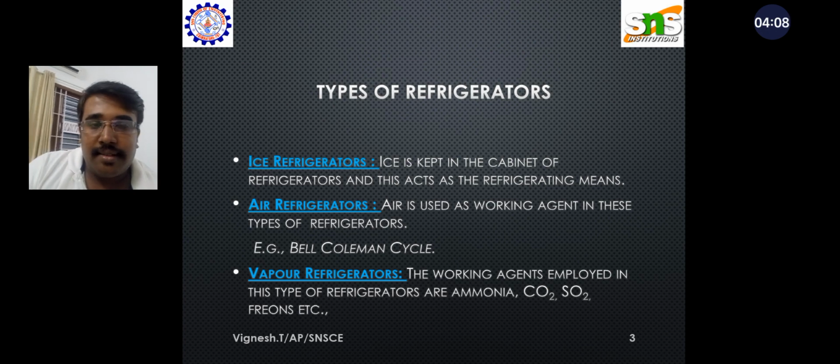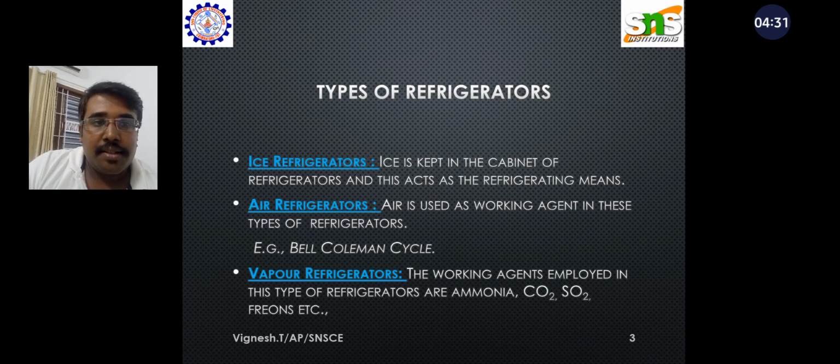Ice refrigerators can be used in juice shops, where the ice is placed in the cabinet to keep the juice or water at a lesser temperature.